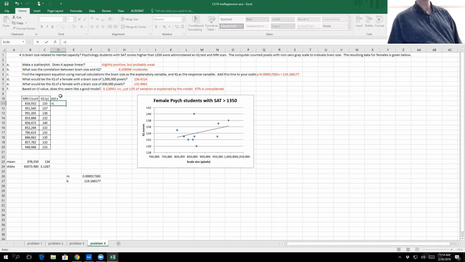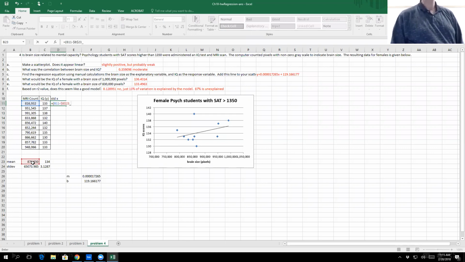What's my data for my X data here in this MRI count? It's going to be that big, huge number there, right? Minus, what's X bar? Sample mean, which in this case is 176,000. I'm going to F4 for that one because I always want to subtract off the mean, right?